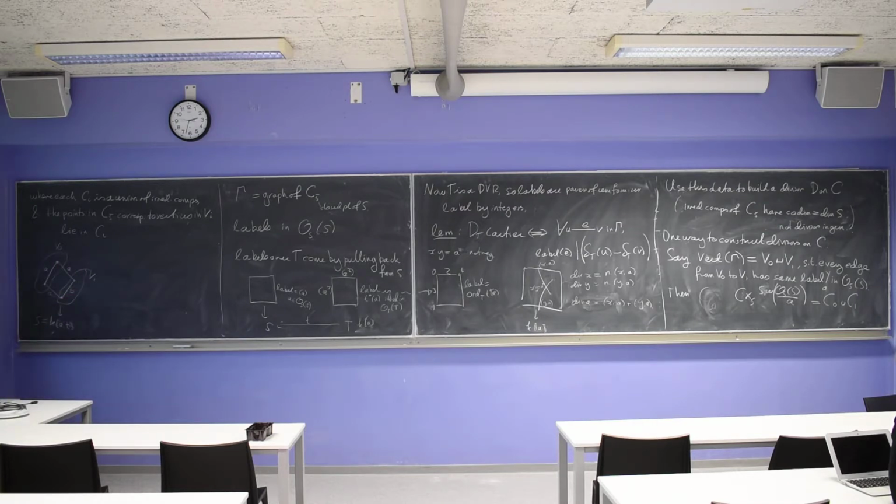So when I set A equal to 0, what this means is that I have something like this. Oh, sorry, all the way around. And the local equation here is given by something like xy equals A. So when I set A equal to 0, the local equation is just given by xy equals 0, and so it breaks into these two irreducible components.